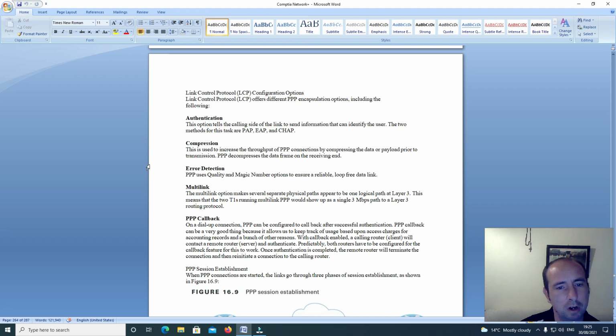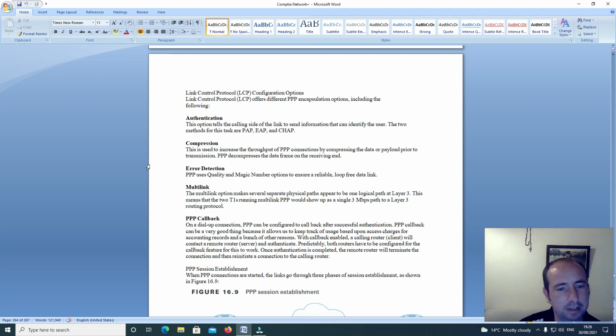Link Control Protocol offers different PPP encapsulation options, including the following: authentication. This option tells the calling side of the link to send information that identifies the user. The 2 methods for this task are PAP and CHAP.